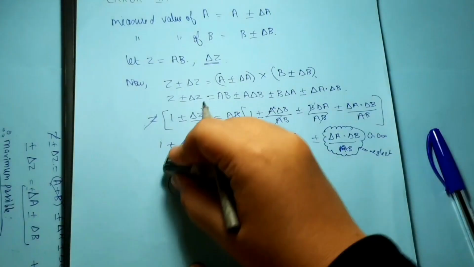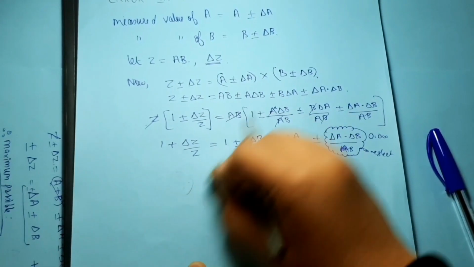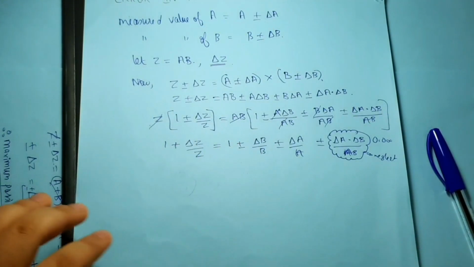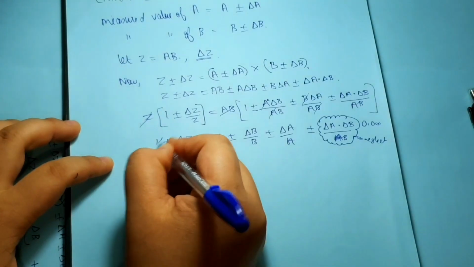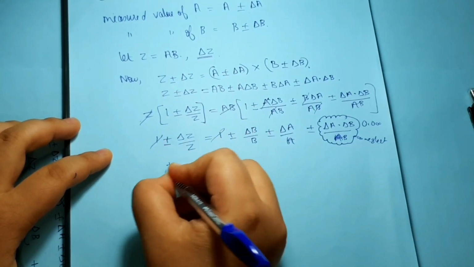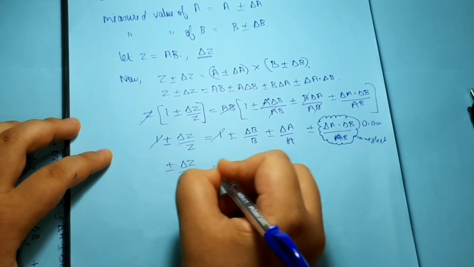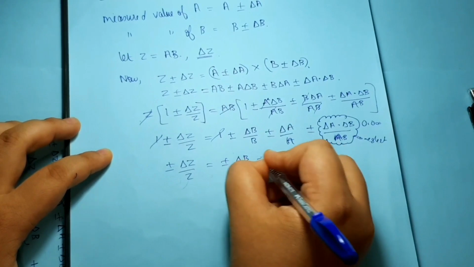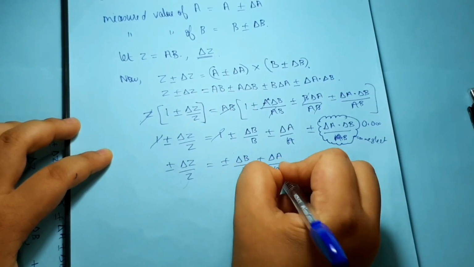So that's how it should make sense to you. You can neglect that last term, because the answer will be very small compared to what you have given here. You can cancel 1 and 1 on both sides to give us plus or minus delta Z by Z is equal to plus or minus delta B by B plus or minus delta A by A. Simple? Yes.